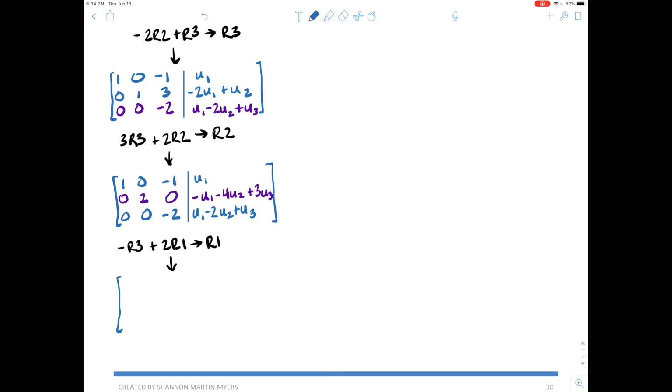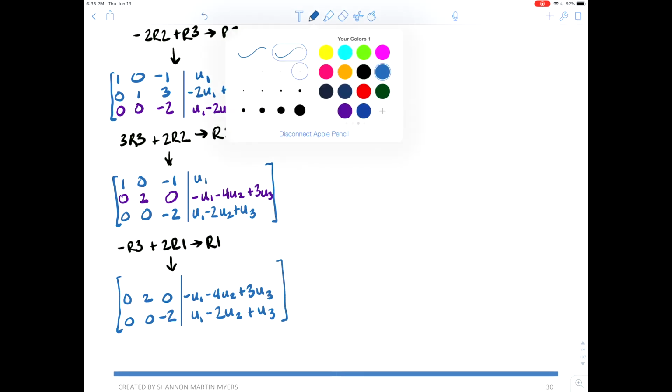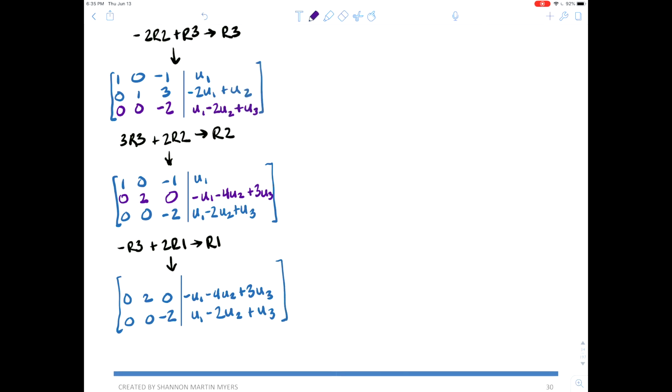Let's see, the first row will be changing, so we'll have 0, 2, 0, negative U1 minus 4U2 plus 3U3. 0, 0, negative 2, and then we'll have U1 minus 2U2 plus U3. And let's see what we get for our new first row.